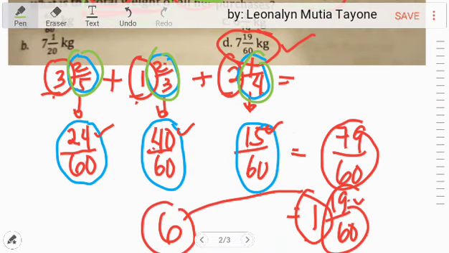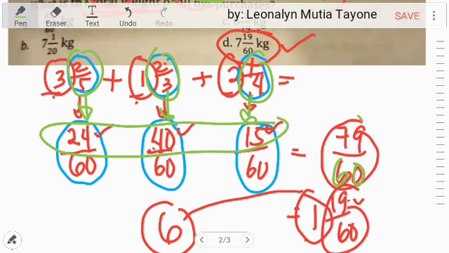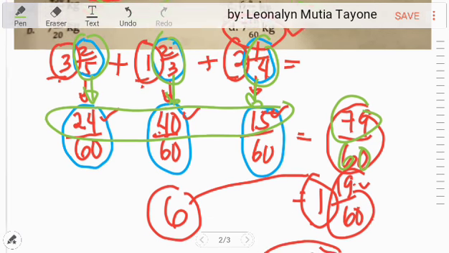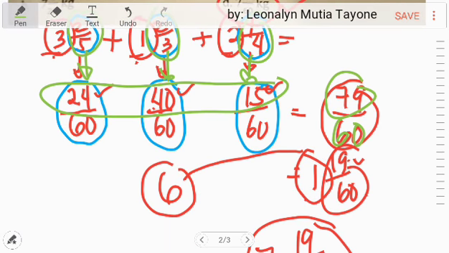So, ito na yung mga equivalent ng mga fraction na meron tayo. Nung in-add natin, kinopya natin yung denominator na 60 at in-add natin yung mga numerators. Ang total niyan ay 79. Since ang 79 over 60 ay improper fraction, ginawa natin siyang mixed number. So, ito na yung equivalent niya.